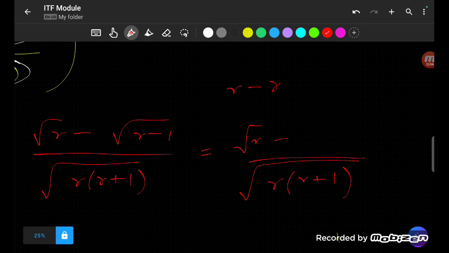We have r minus r plus 1, so you get 1. Let's just take this as 1.